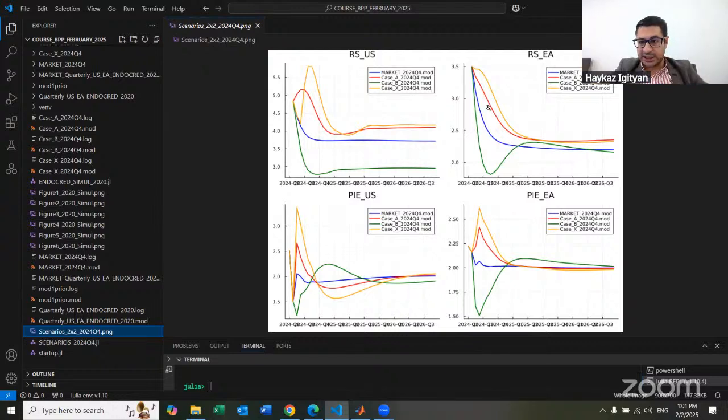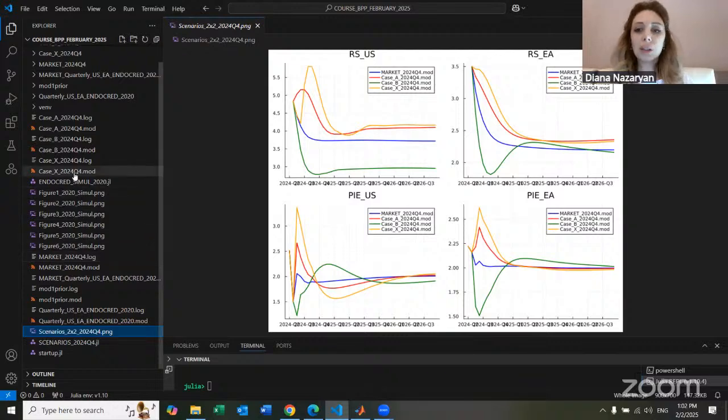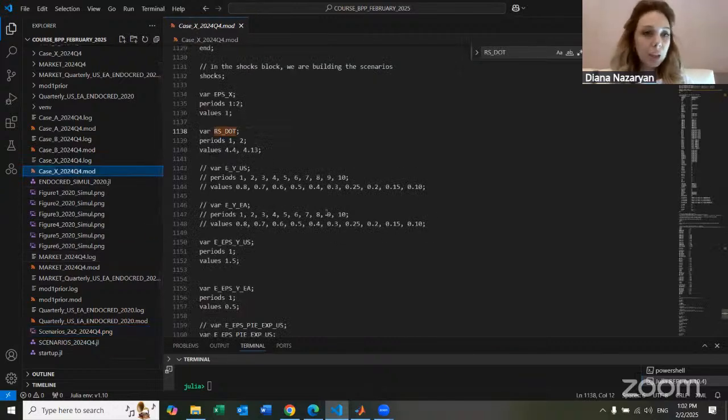Euro area's case X. Yeah, because they keep the policy rate just a little bit longer for the same rates, and after that they start to go to their equilibrium steady state level.